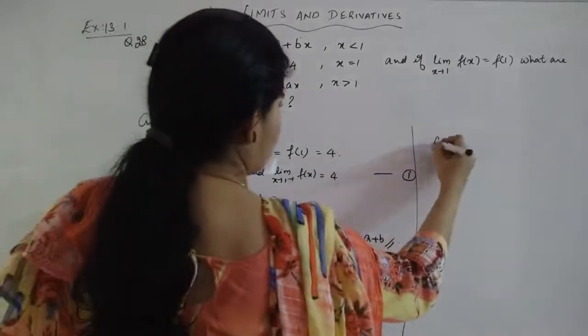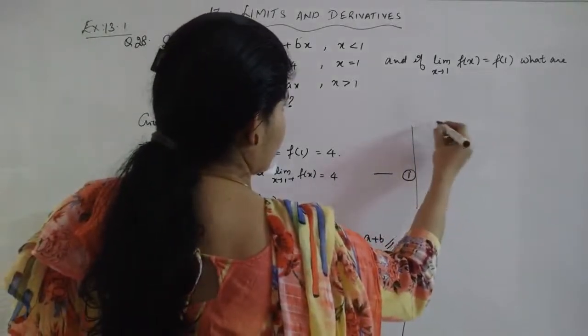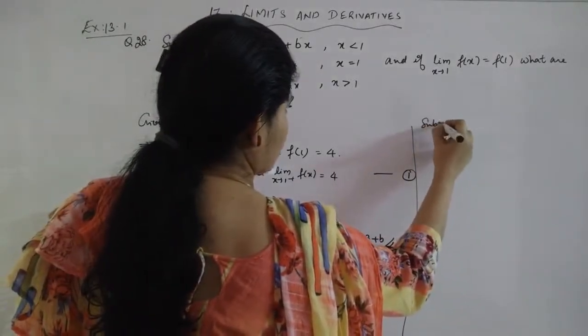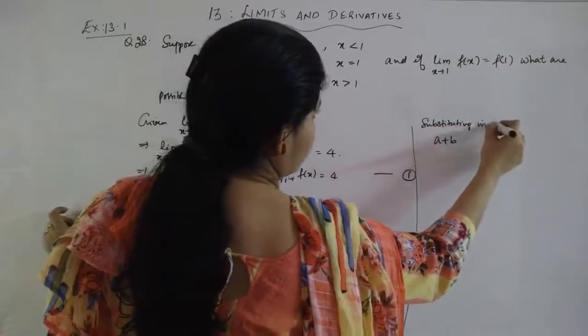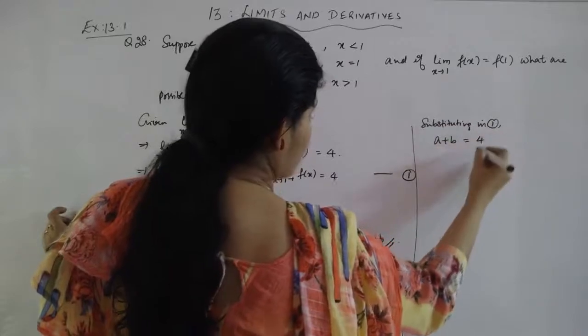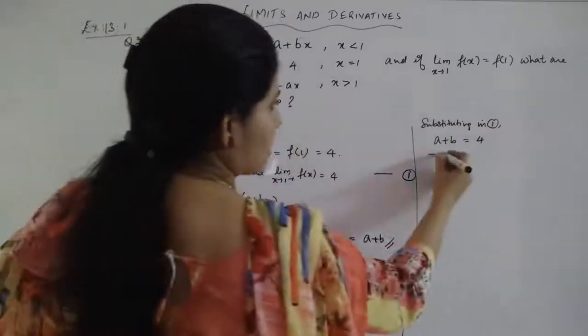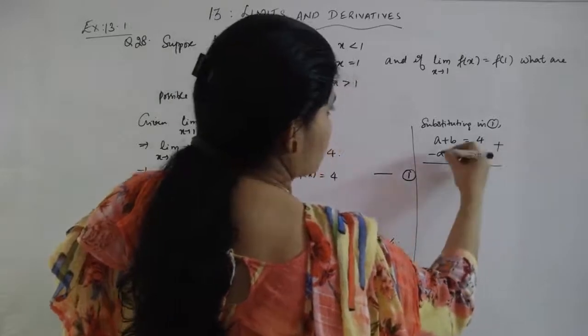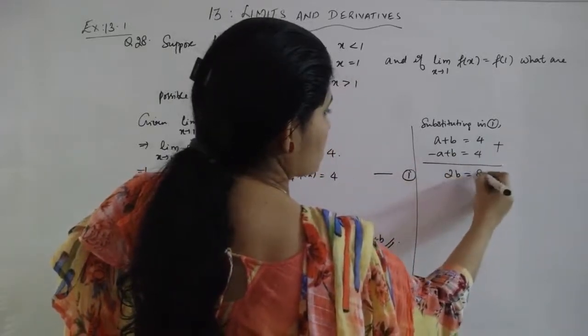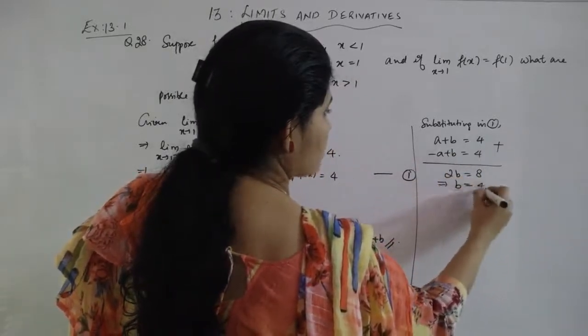So we have a plus b, substituting in 1, you will get a plus b as 4, and b minus a means it is minus a plus b as again 4. So adding the 2 will give you 2b is equal to 8 or b is equal to 4.